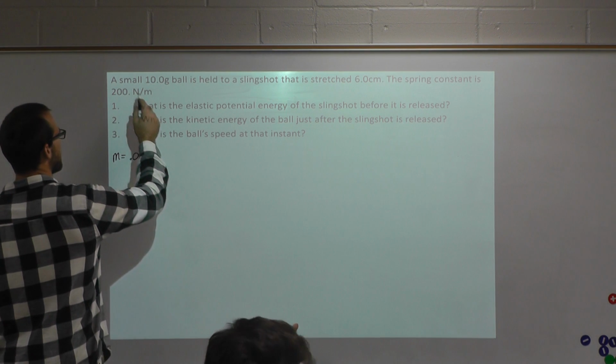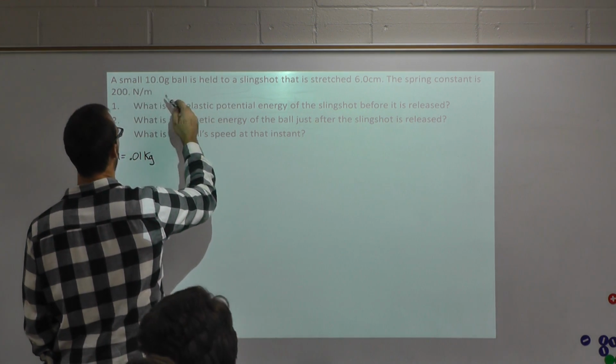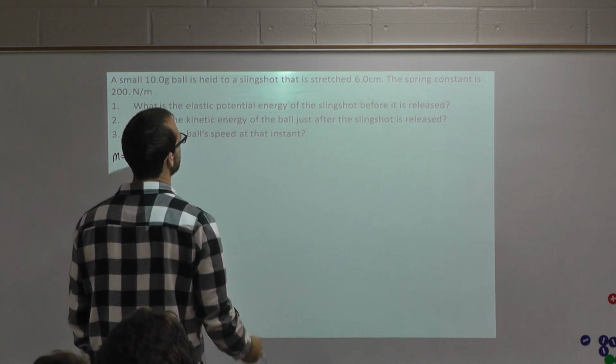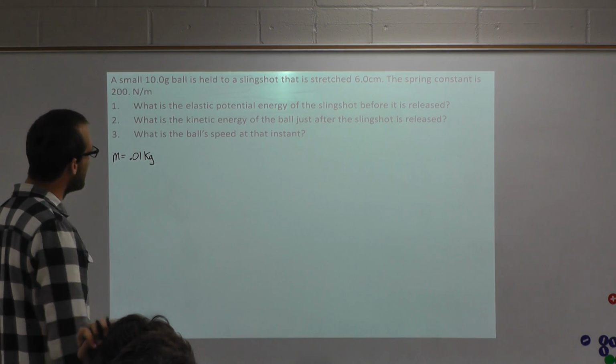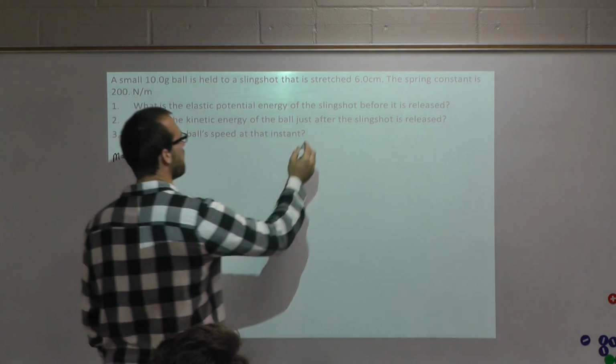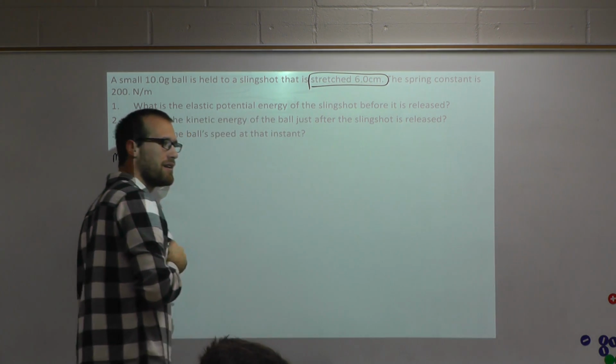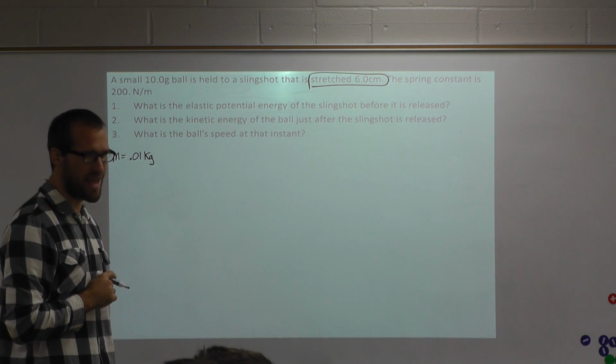Okay? So it says a small ball is held to a slingshot, stretched. Now this is saying how much it is stretched, not its total stretched length. Read the context of the problem. So they gave us x.